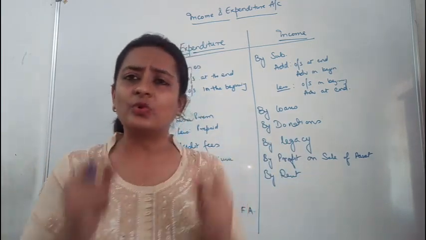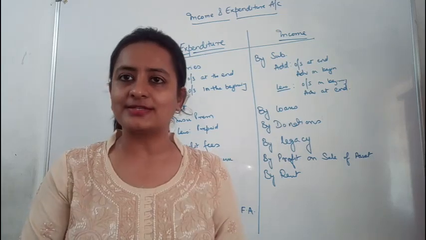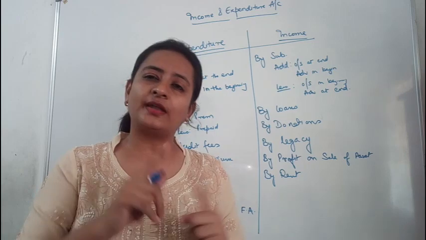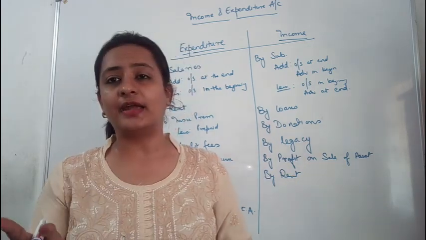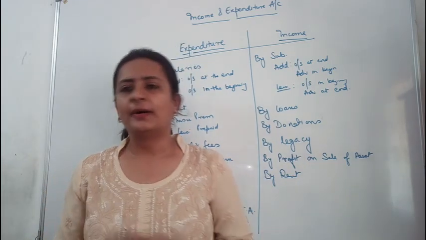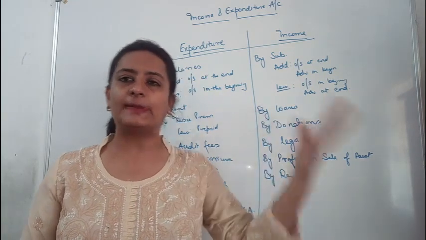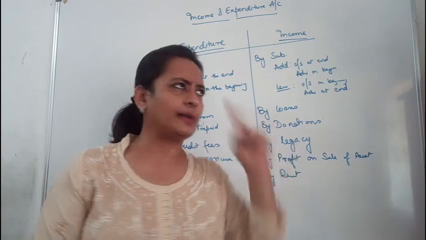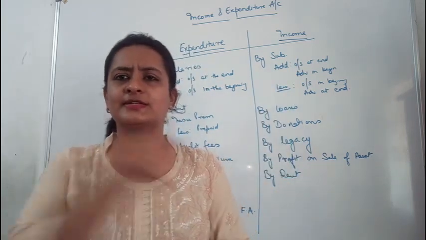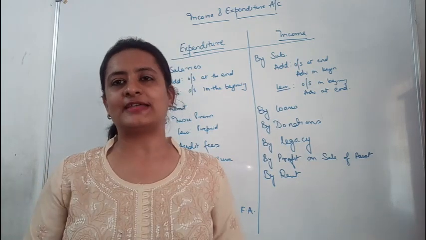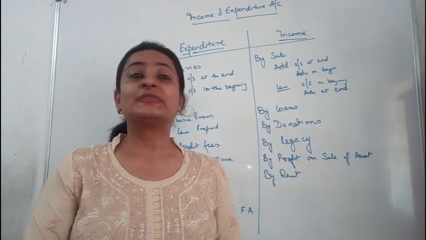One of the most important things which I am going to discuss today, which is going to resolve all your doubts, is outstanding and advance, in the beginning and at the end. A lot of students come to me asking, ma'am, how to remember this part, because outstanding in the beginning, outstanding at the end, we just mug it up: minus, plus, minus, this is straight, that is opposite. Please do not confuse yourself so much. This is accounts.